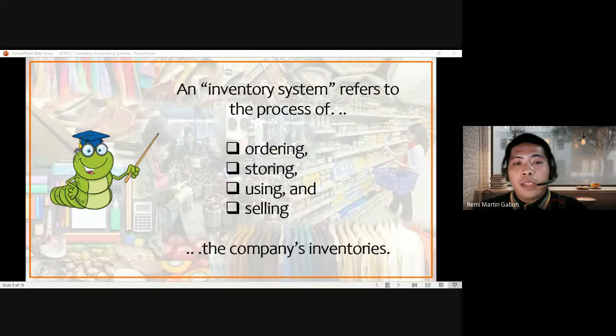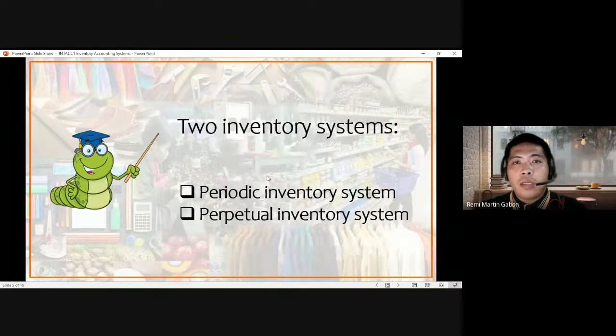So based on inventory system, the common inventory systems that we have are periodic and perpetual. I know you are familiar with periodic and perpetual. You have encountered this under your basic accounting, under your merchandising, and there's a difference between the application of periodic and perpetual.